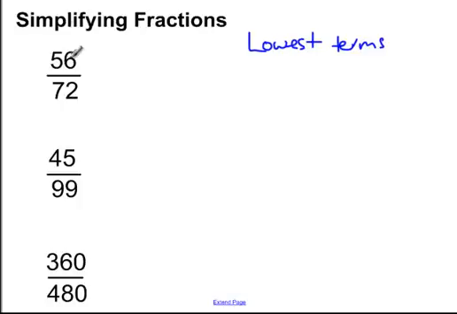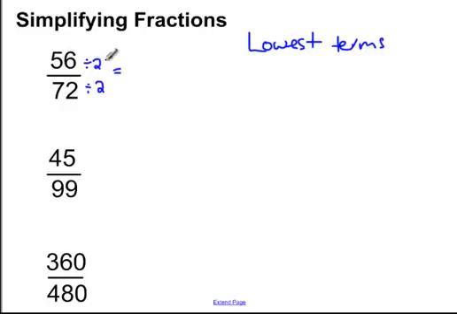Let's look at how that would work with this first example, 56 over 72. What you want to find is something that will divide evenly into both 56 and 72. A really easy one to spot is 2, because they're both even numbers, so you can divide them both by 2.